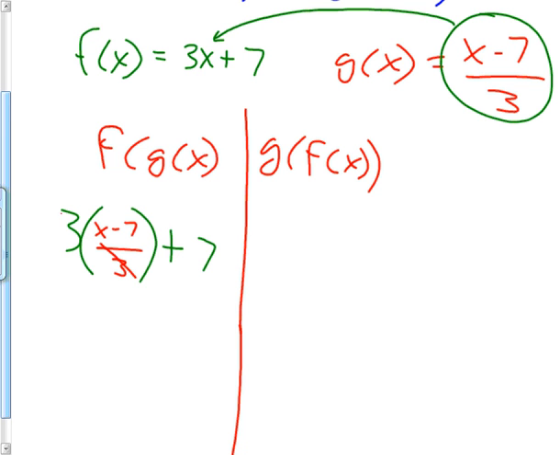That's a divide by 3. Yes, those will cancel. So I can now write this, x minus 7, plus 7. See what I did there? I did one step of work. If you don't have one step of work, you will not get the point. I know it's supposed to equal x at the end, but you have to prove it.